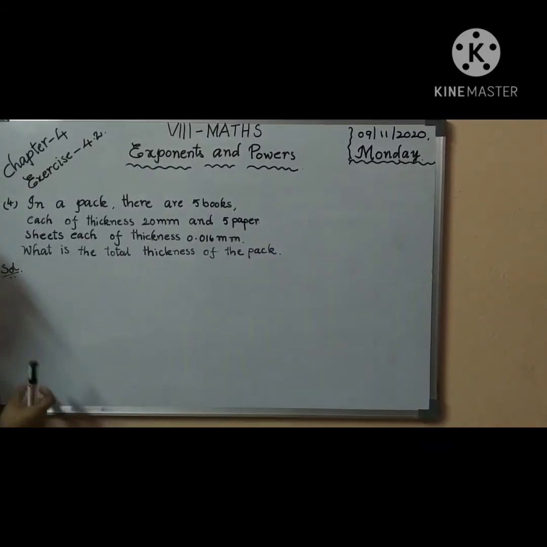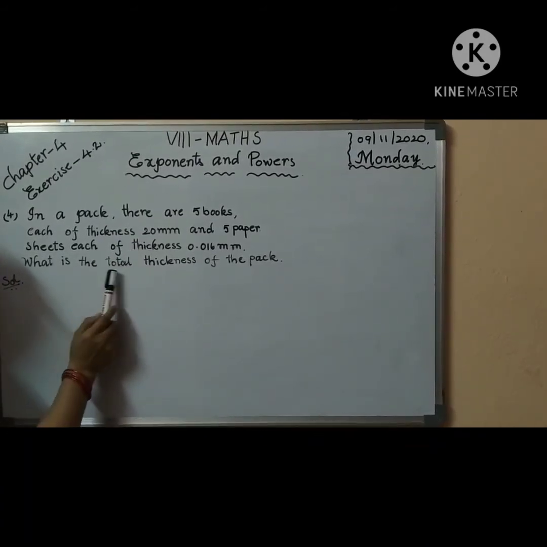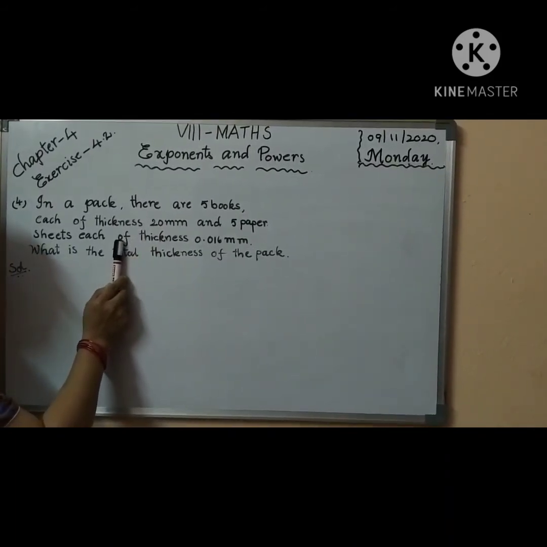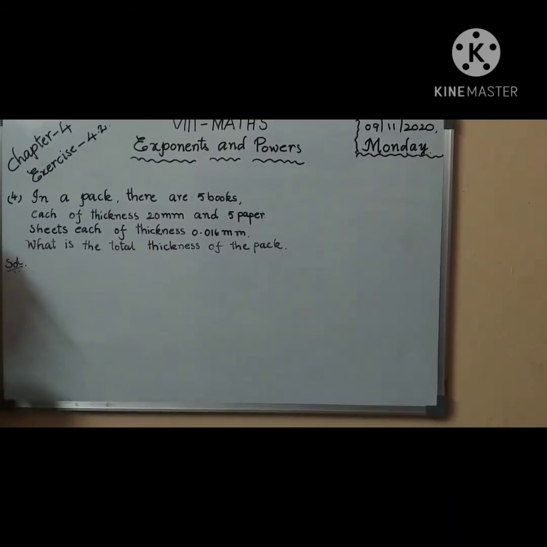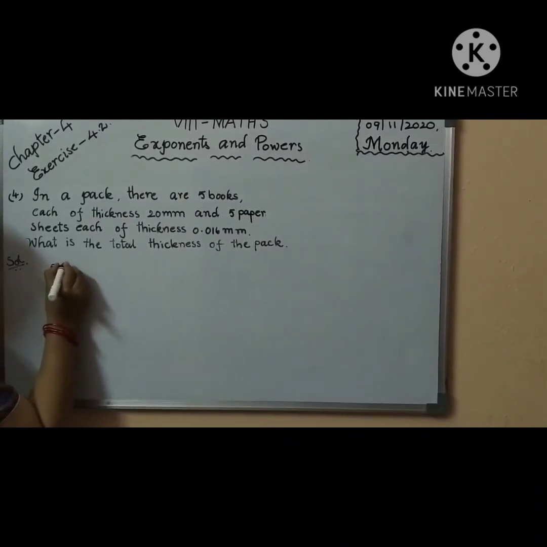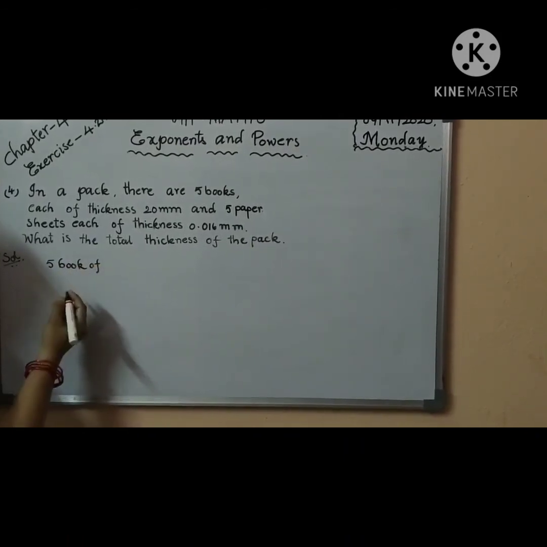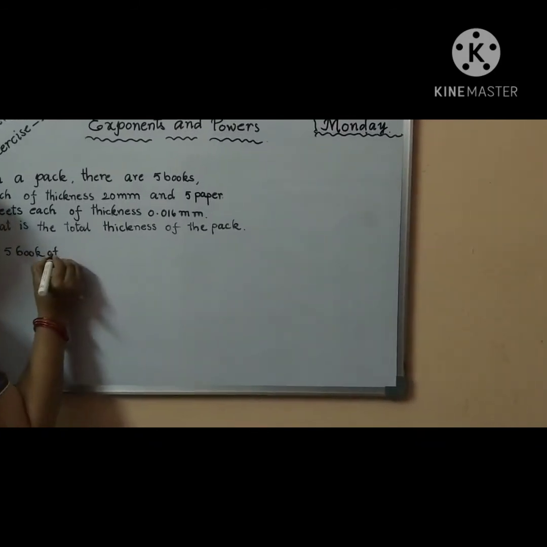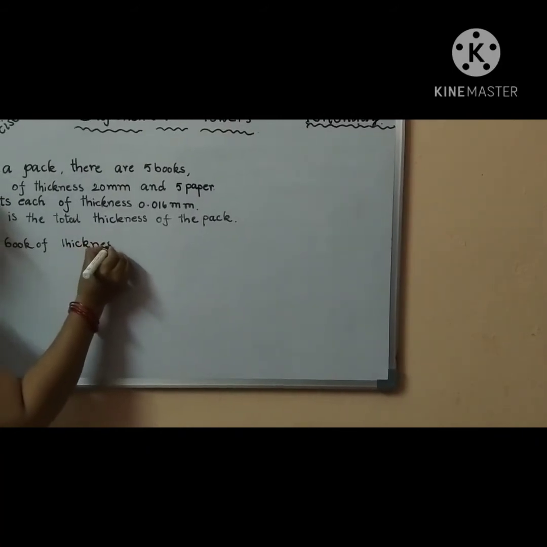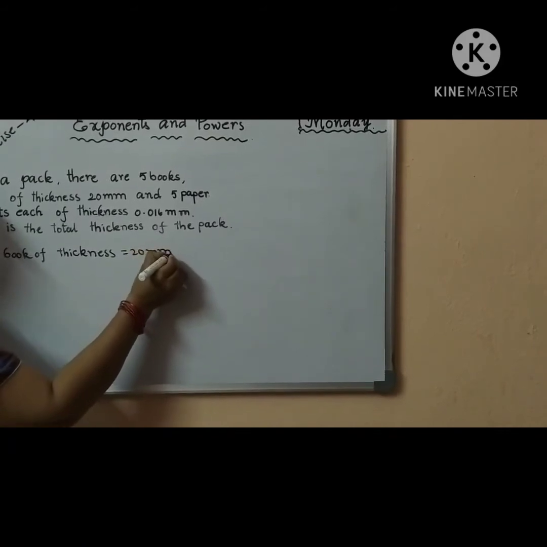Total means adding 5 books of thickness plus 5 paper sheets of thickness. So here write solution. 5 books of thickness equal to 20 mm.